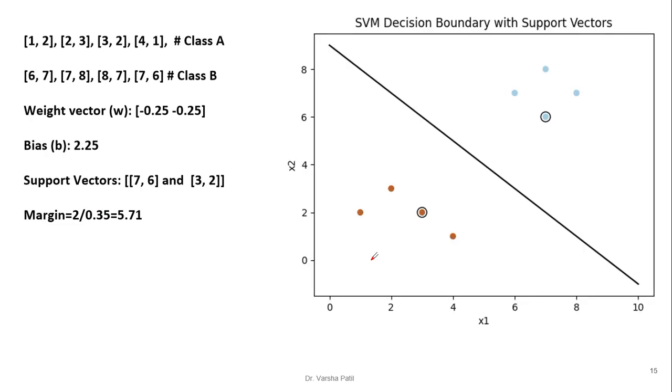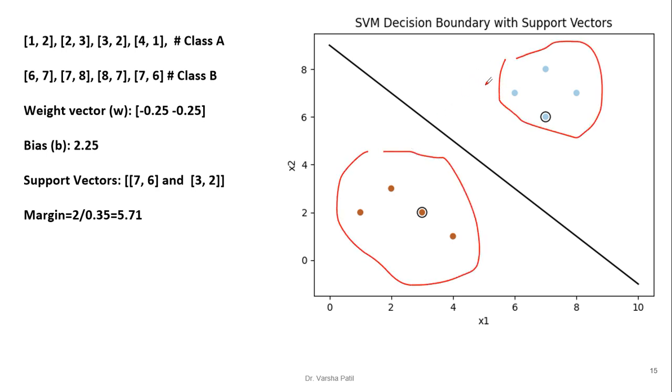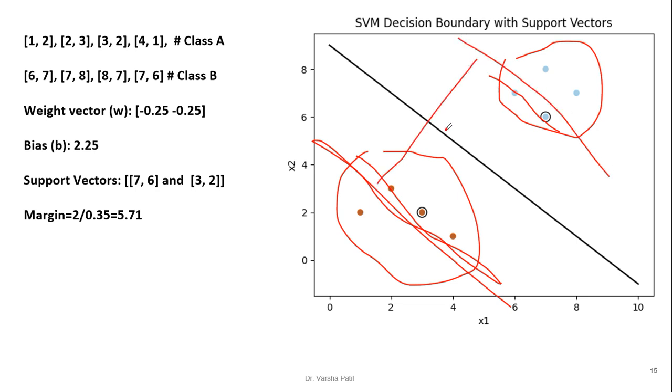Now we'll see another problem. This is class A and this is class B. Here these two can be candidates for the support vectors, and these three points can be candidates for the support vector. This is the margin formation, this is the decision boundary, and the support vector is perpendicular to this decision boundary.